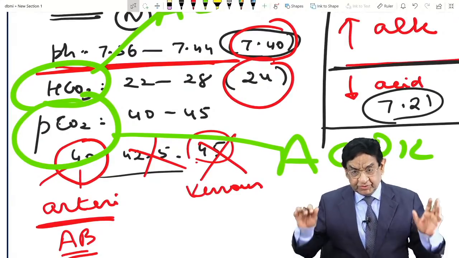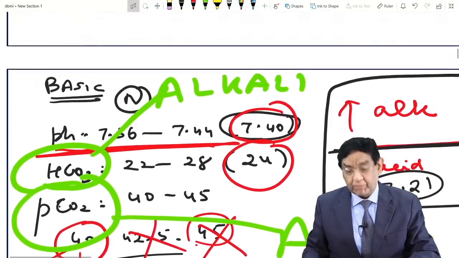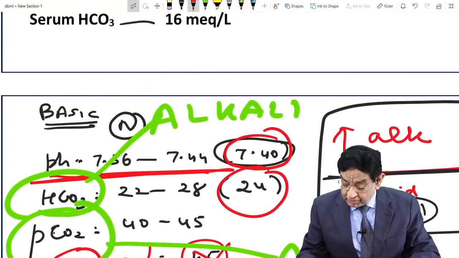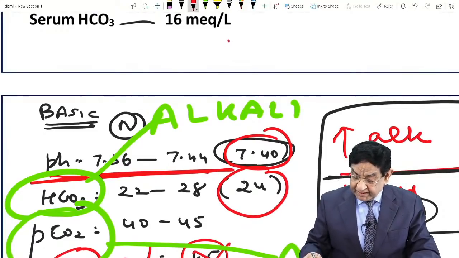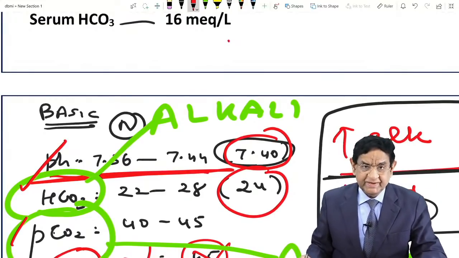With this background of basic concept, whenever we have an acid-base disturbance, primarily the bicarb or CO2 level will change. Definitely.